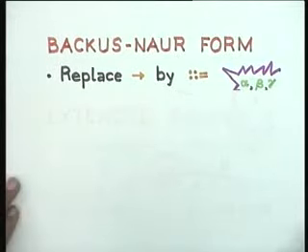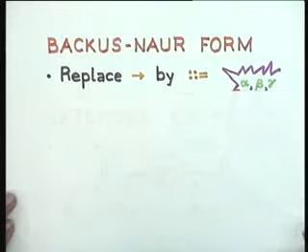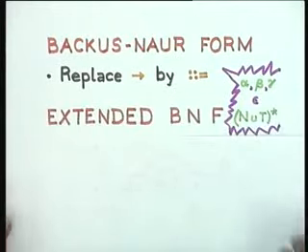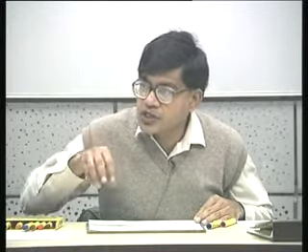But actually what is more convenient, and which came up very soon, is what is known as the extended Backus-Naur form. The extended Backus-Naur form just adds the power of specifying regular expressions within context free in a convenient fashion. That's all. It's merely a convenience.